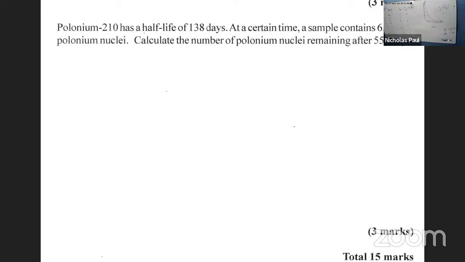Oh, that's how many days. What's the half-life for this element? Look at it, read it. 130 is the half-life, right? Right. If 130 is the half-life, how many half-lives would occur after 552 days? So you figure that out.